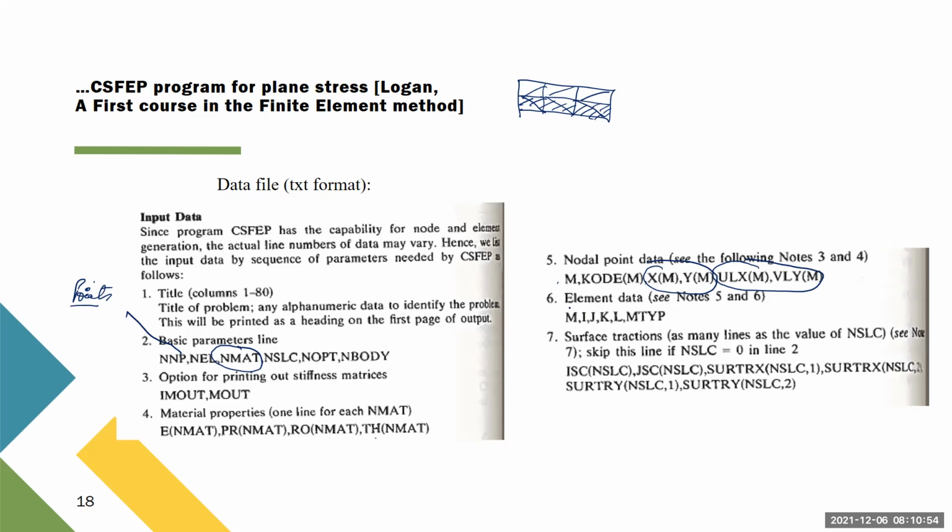Similarly, for line 6, you specify the number of elements, so you need line 6 in NL repetitions, one for every element. Here you have 4 joints.